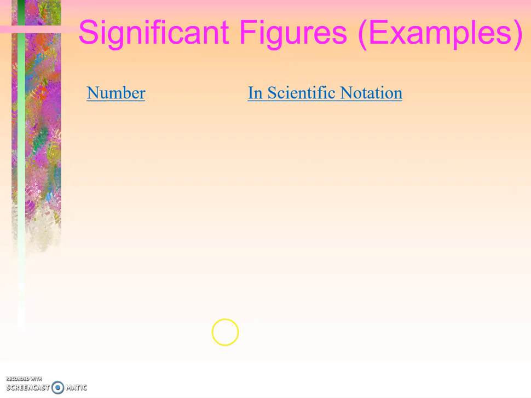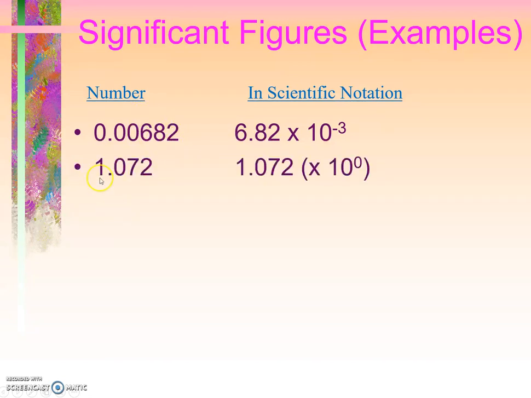So here's some examples. This number, 0.00682 in scientific notation, we're going to move the decimal over 1, 2, 3, so it'll be times 10 to the minus 3, and we only have 3 significant digits, 6.82. 1.072, this is already in a very simplified manner, right?